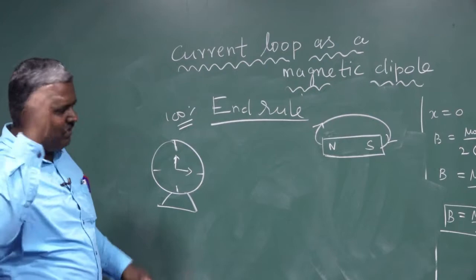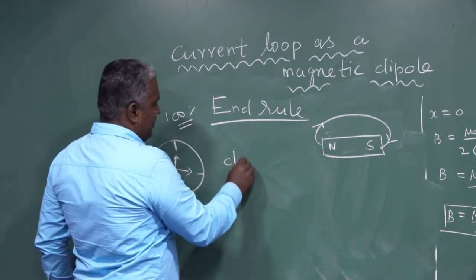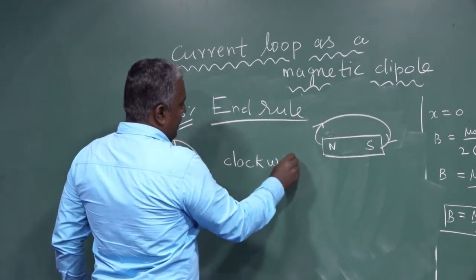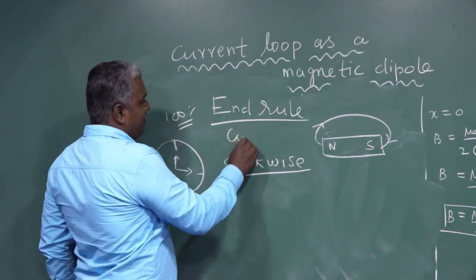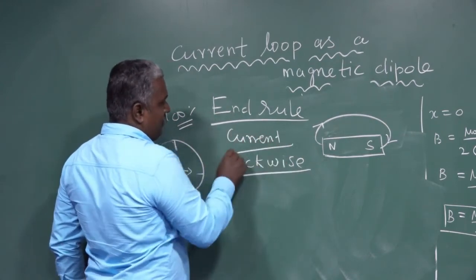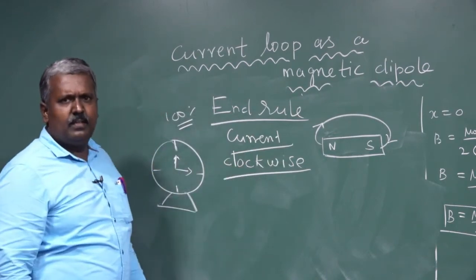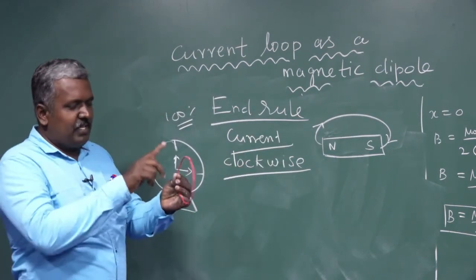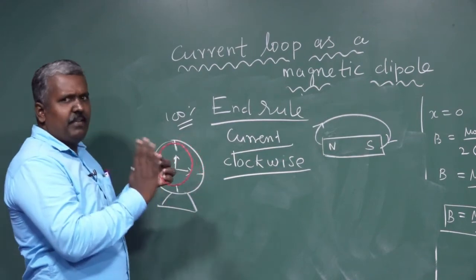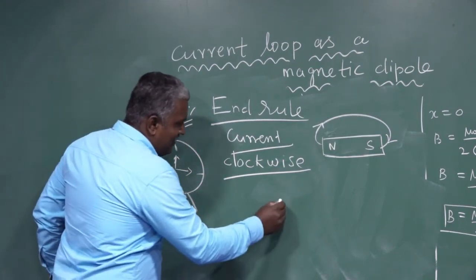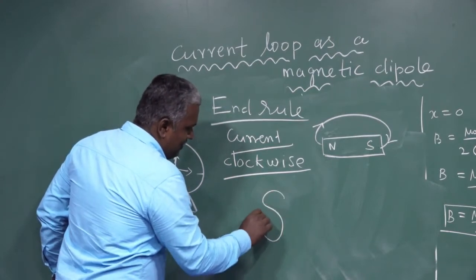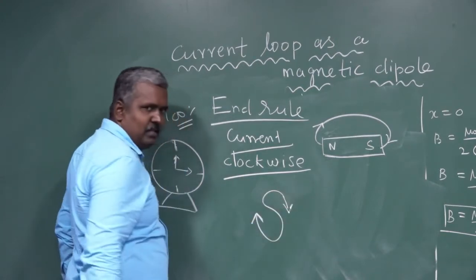How, sir? Listen. Current in clockwise direction. Current flowing through it in the clockwise direction, like this. This end will be south. How?